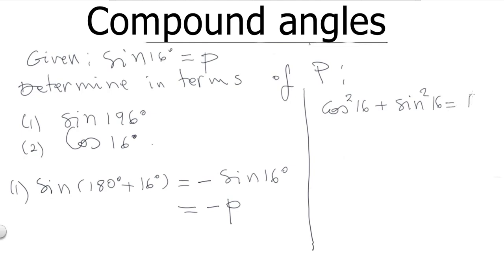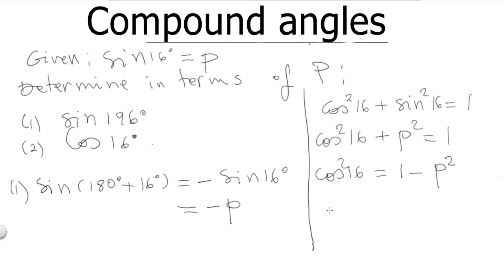The answer should be 1. Sin of 16 degrees is equal to P, so sin squared will be P squared, equal to 1. Therefore, cos squared of 16, when you transpose, will be 1 minus P squared.